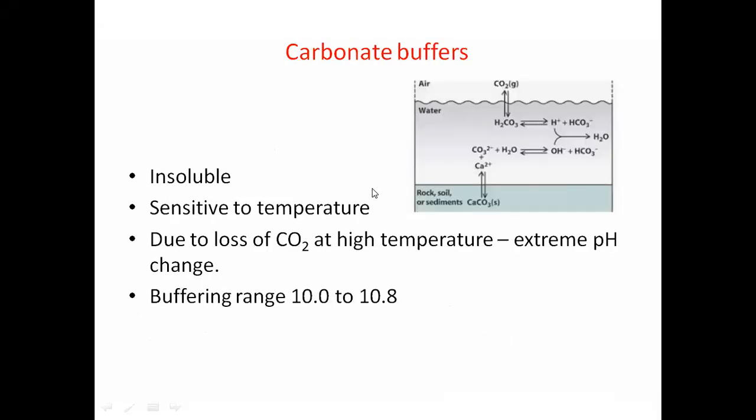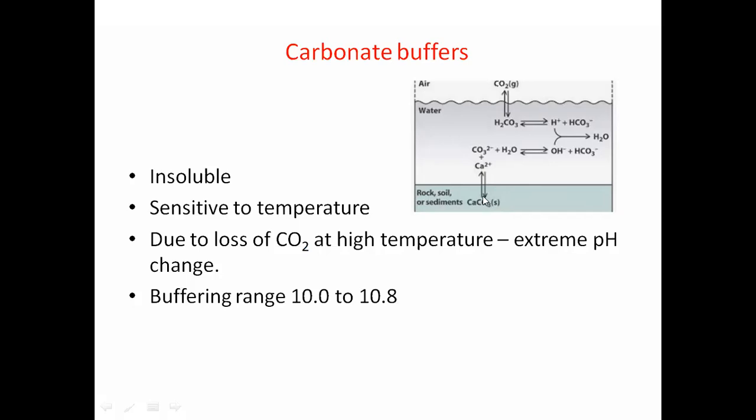Next, the carbonate buffer. Now look at this diagram. From this diagram, you can understand how the carbonate buffer works in nature. The rock, soil or sediments all contain calcium carbonate in solid form.